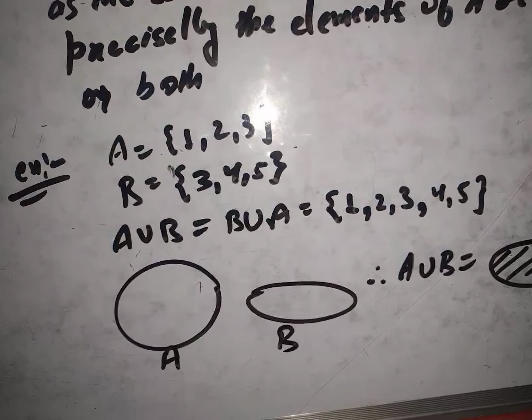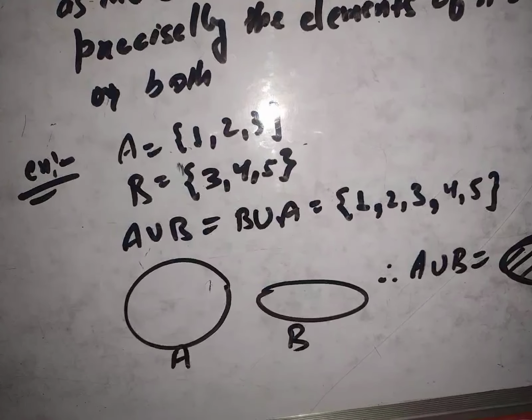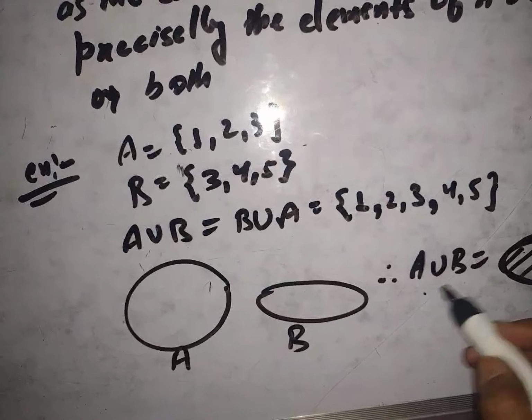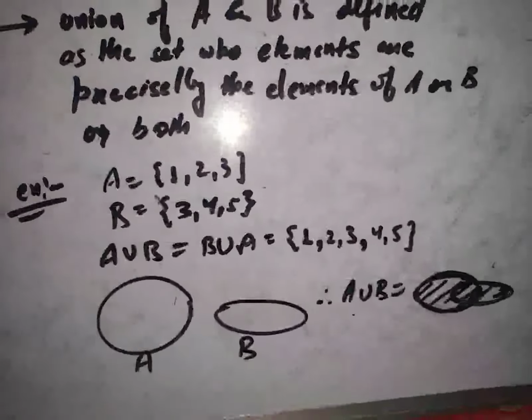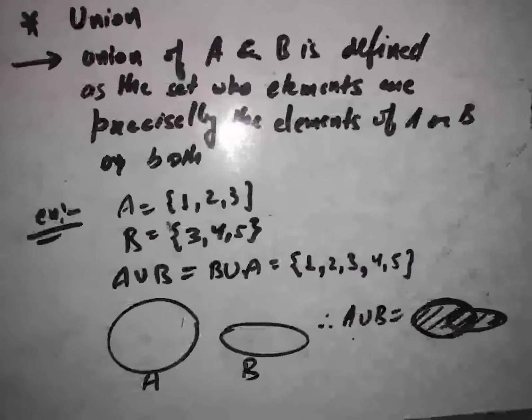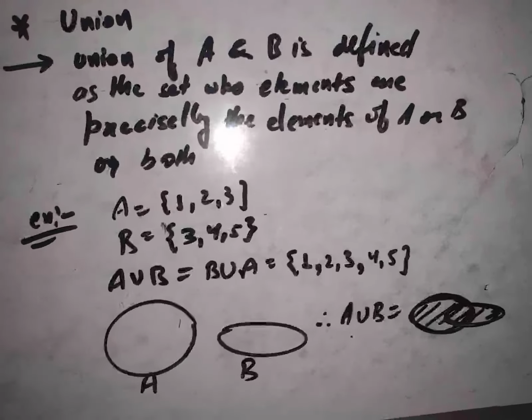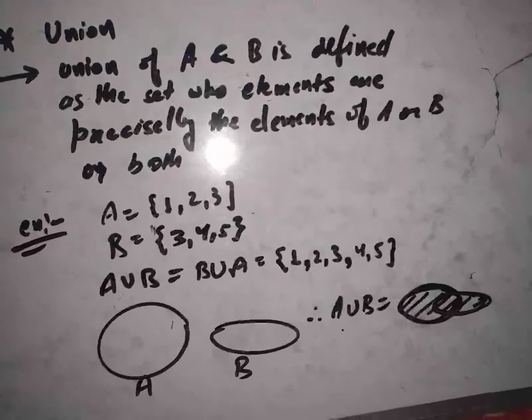So this whole thing is A union B. It contains A, it contains B, and it also contains both. Of course it will. So that's how we define union. So this is very important. A union B is the set that contains precisely the elements of A or B or both.